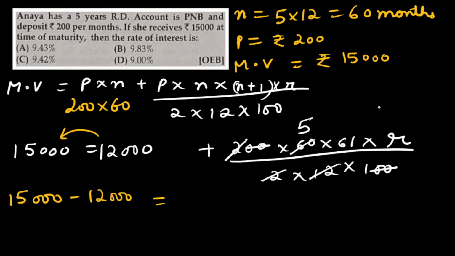5 into 61 into R. So this we can multiply. 5 into 61 is 305, into R. When we do the subtraction, 15,000 minus 12,000 is 3,000, and this also let's shift to this side.